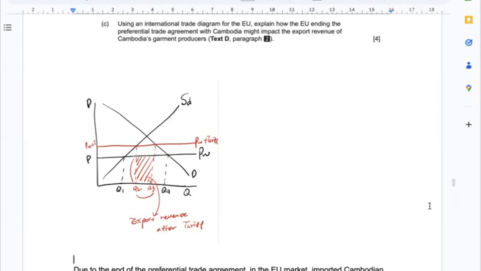Due to the end of the preferential trade agreement, in the EU market, imported products from Cambodia would become more expensive, as illustrated with the PW plus tariff compared to the previous PW. Thus, the quantity imported will decrease from Q1, Q4 to Q2, Q3. So to Cambodia's garment producers, it means that their export revenue would decrease as much as the amount of the shaded area.